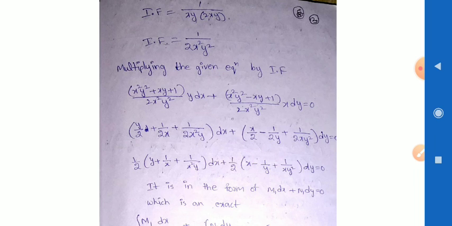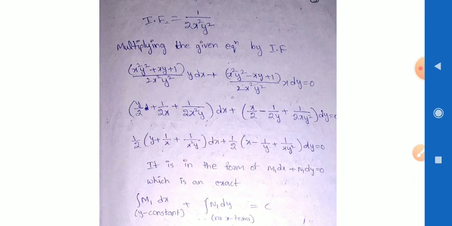Then multiplying the integrating factor to the above equation, we get (x square y square plus xy plus 1) into y by 2 into x square y square dx plus (x square y square minus xy plus 1) x into dy by 2 into x square y square is equal to 0.